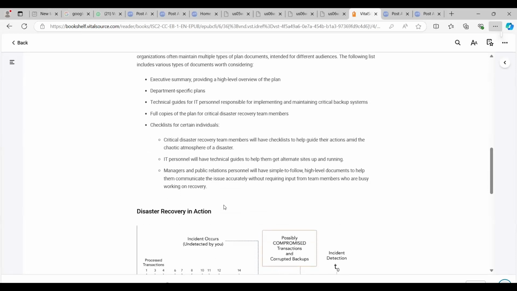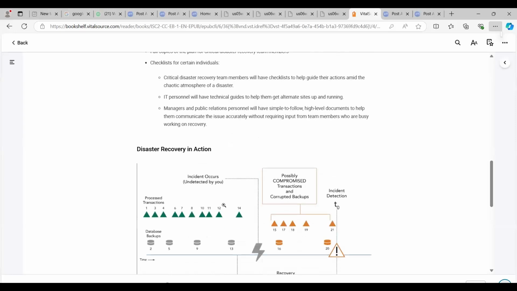So critical disaster recovery team members, we have checklists to help guide their actions amid the chaotic atmosphere of the disaster. So IT personnel, we have technical guides to help them get alternate sites up and running. Also, managers and public relations personnel, we have simple to follow high-level documents to help them communicate the issue accurately without requiring input from team members who are busy working on recovery.